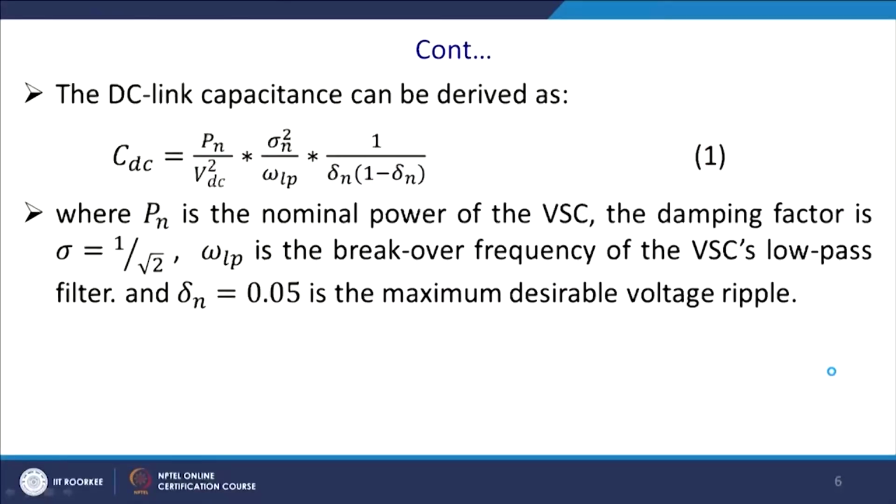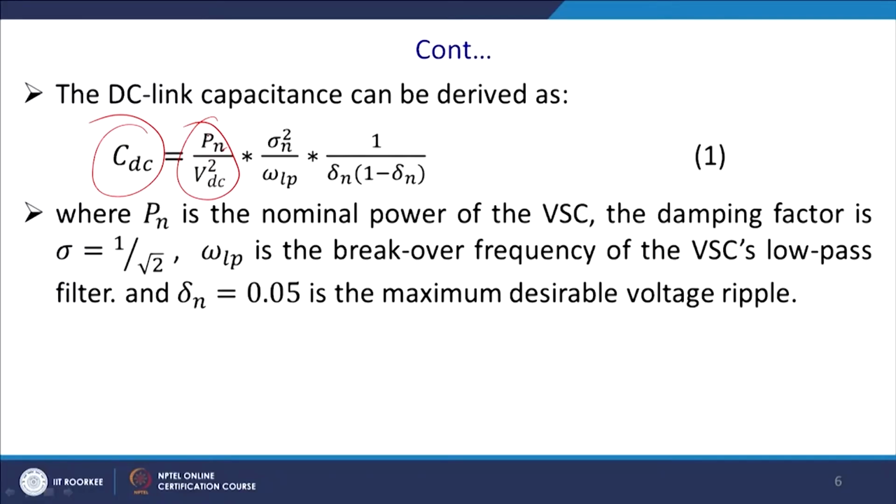Now, the DC link capacitor can be calculated by the following expression, that is CDC, the value of the capacitor. Essentially, it will be given by the power handling capability of the converter. If it is a 10 kilowatt converter, the power rating is 10 kilowatt.